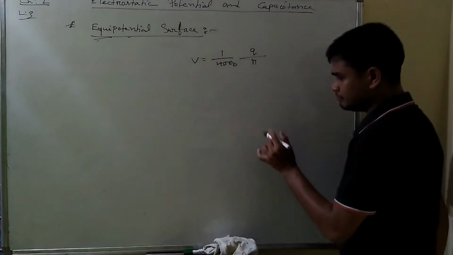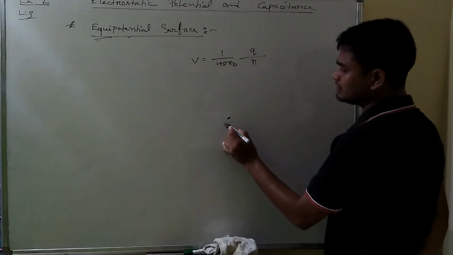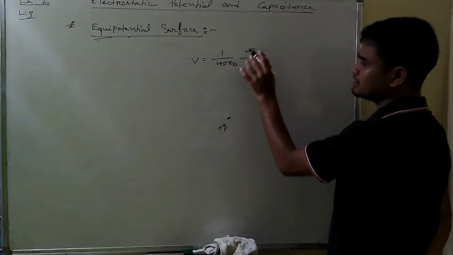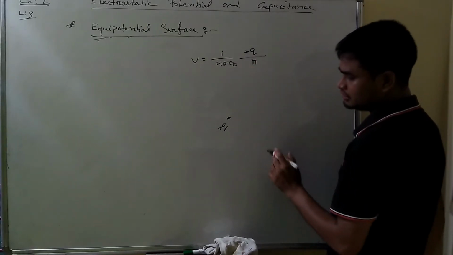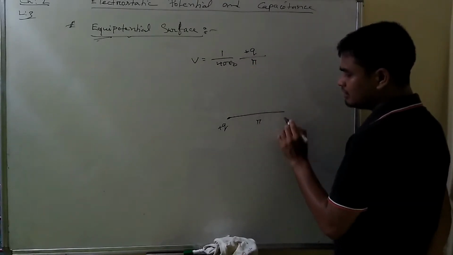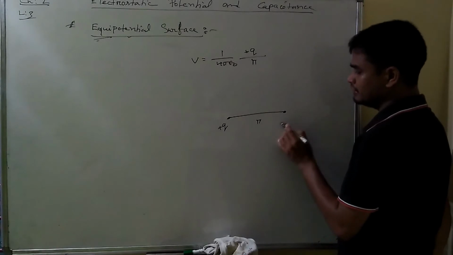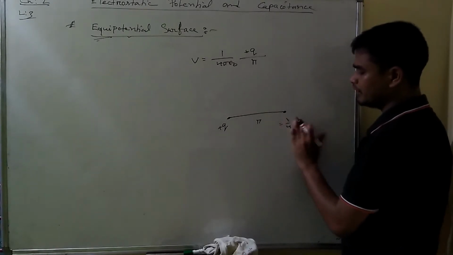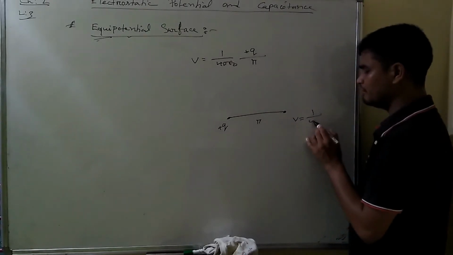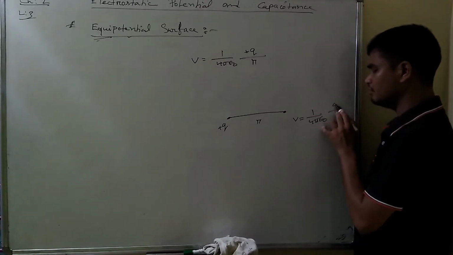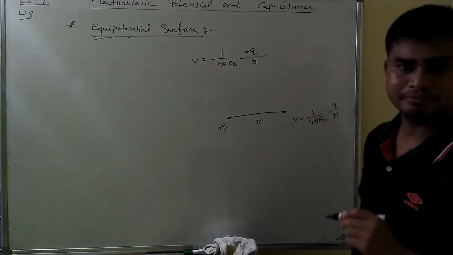Let us consider this is a plus q source charge. At a distance r, its potential is how much? V is equal to 1 by 4 pi epsilon naught q by r.